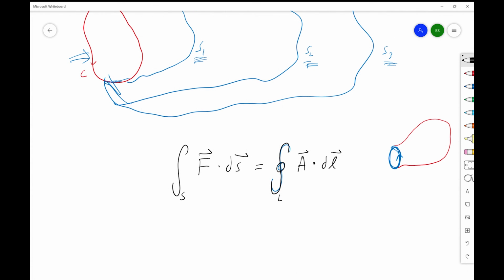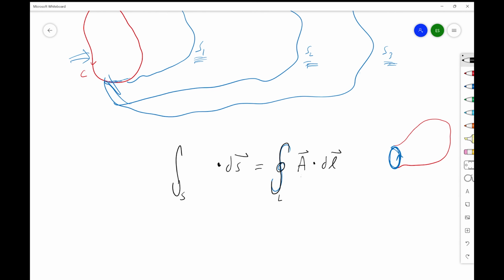Now I want A and F to relate to each other. I want to be able to get F from A by some kind of differential operator, and in this case that operator is the curl. It's something else, because we're getting it in a different way. When we were dealing with volumes and surfaces, we got the divergence.